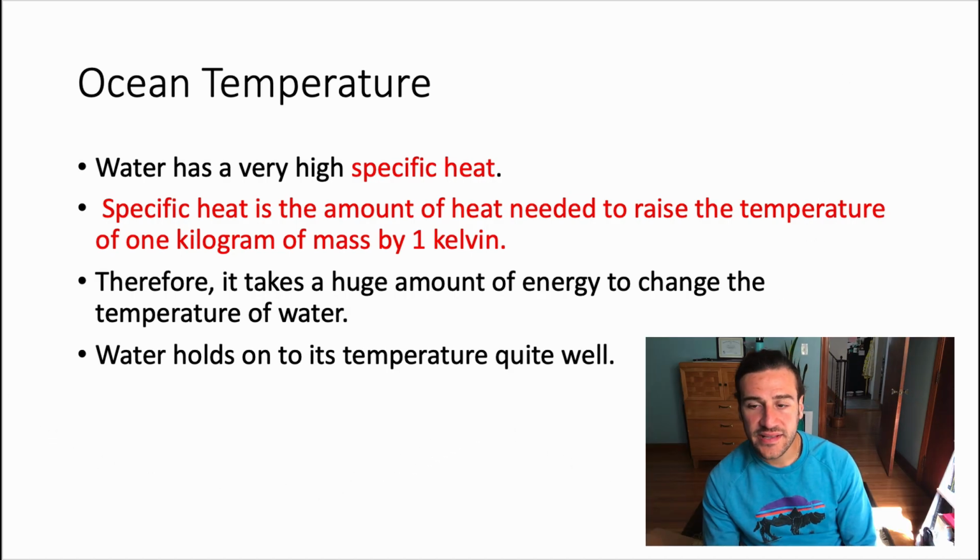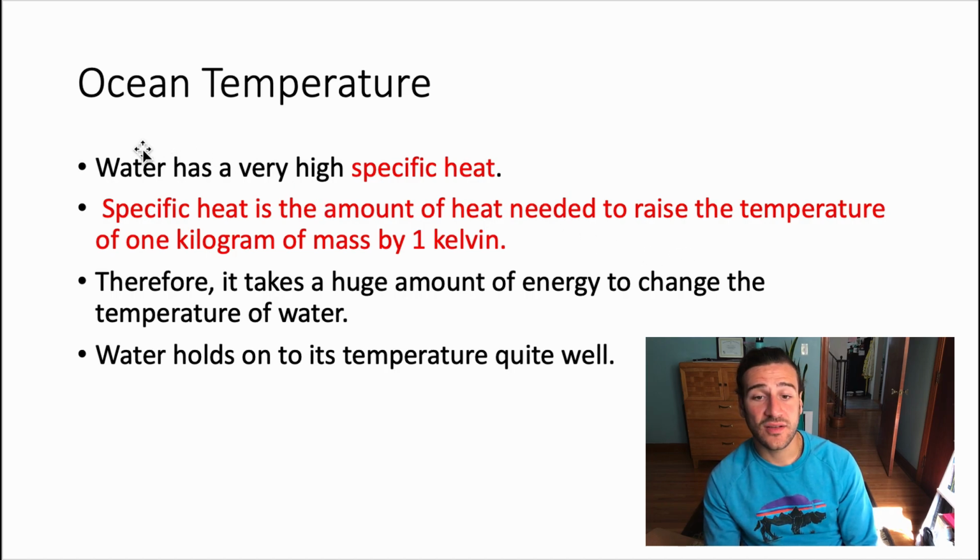So besides the oceans becoming more acidic, the oceans are becoming warmer. Now, I want us to know this term called specific heat. And water has a very high specific heat. So specific heat is the amount of heat needed to raise the temperature of 1 kilogram of mass by 1 degree Kelvin.